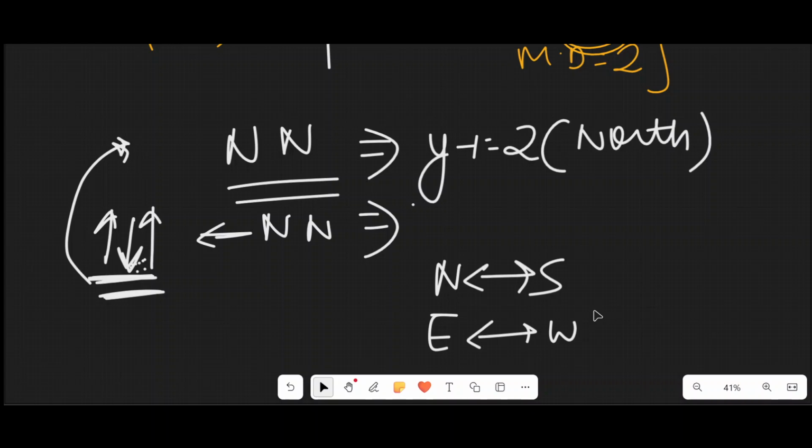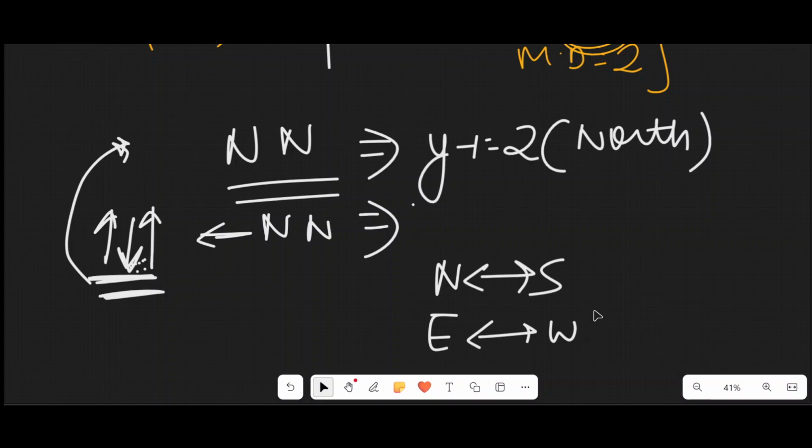Whatever changes we make, if you are changing north to south or south to north, the net change is actually being done by 2 units.